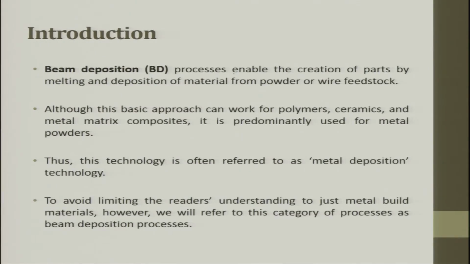The beam deposition process enables the creation of a part by melting and deposition of material from powder or wire feedstock. So, you can use a powder or a wire feedstock. In a crude sense, when you heat a wire, it melts and changes into small droplets.